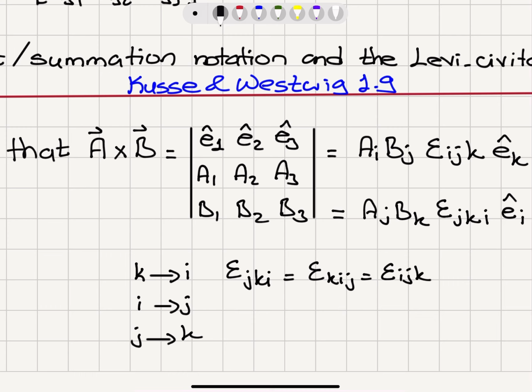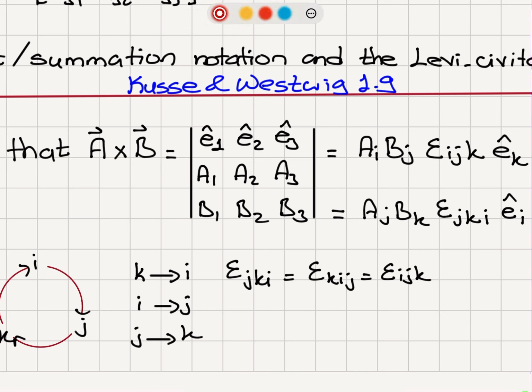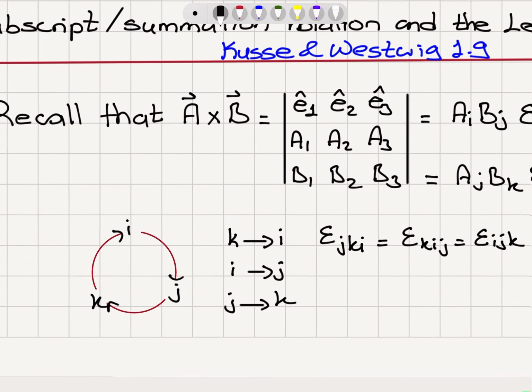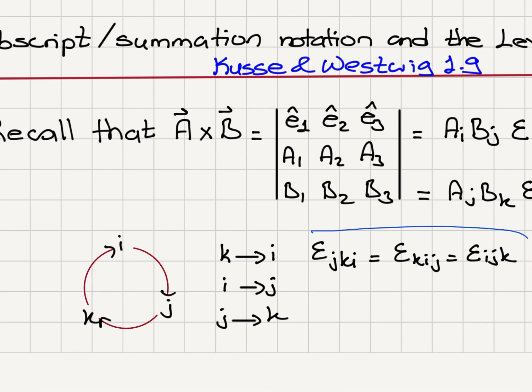So if we change the order ijk, jki, kij using these cyclic permutations, we always get the same answer. So this is following this path here. I have ijk, which is the same thing as jki, which is the same thing as kij. So that's what I see here. So I can replace this jki with ijk.